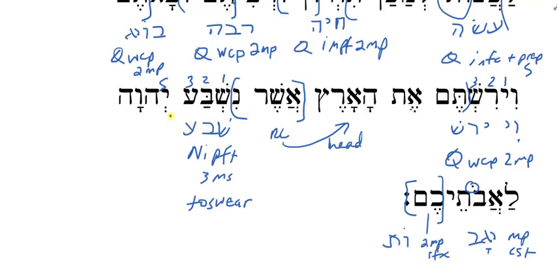The land is the null direct object. The land which Yahweh swore it, unstated, but implied. That's what he swore. And then to whom he swore it, to your fathers. Okay? So in relative clauses, the head that is outside the relative clause will always have some role inside the relative clause, whether it's explicitly there or whether it is implied. Here it's just implied.